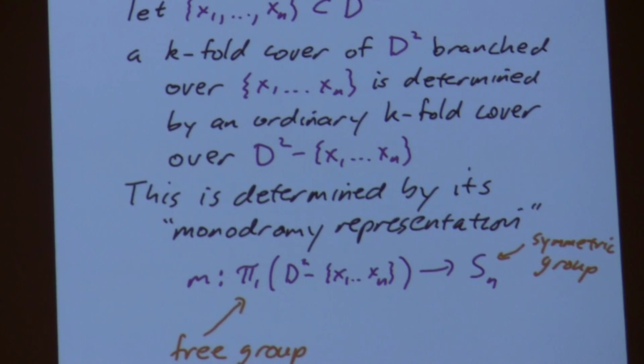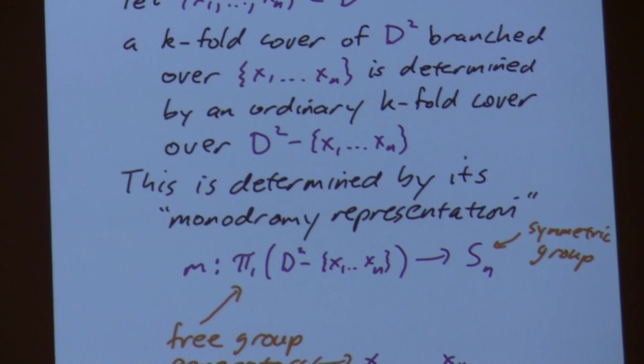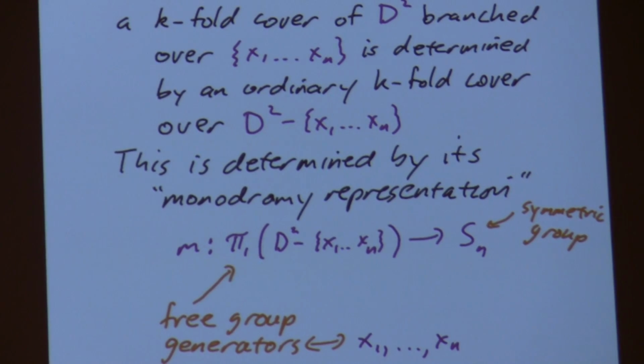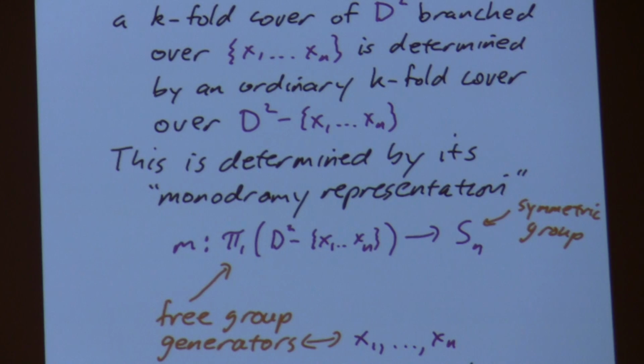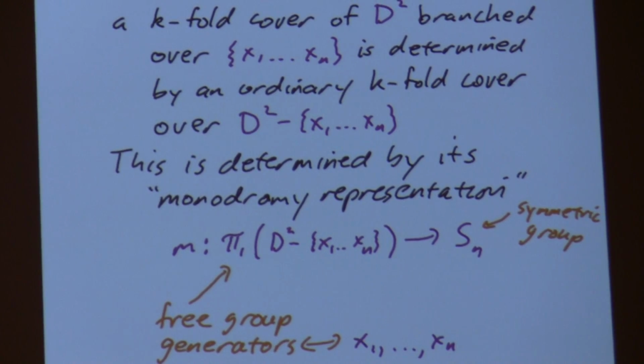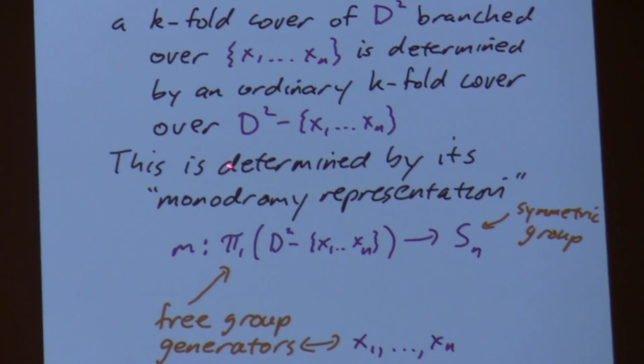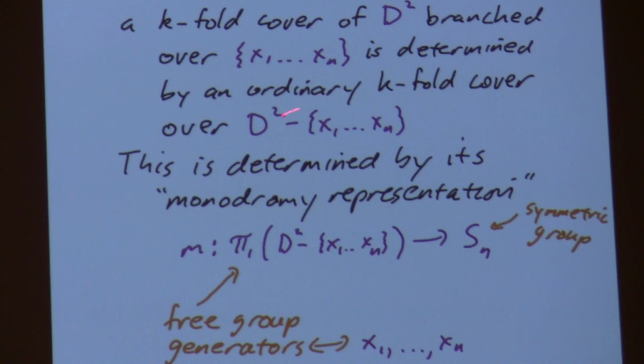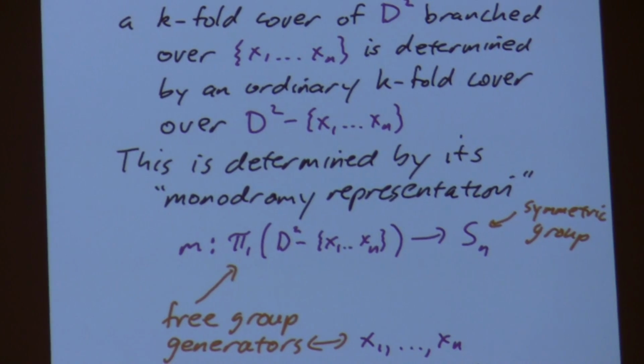And you can very easily prove that once you have an ordinary cover of the complement of the points, you can put those points back in the cover and the base and get a branch cover. So really, there's no obstruction to creating the branch cover once you've got the ordinary cover of the complement. So what we have to understand is the ordinary cover of the complement.